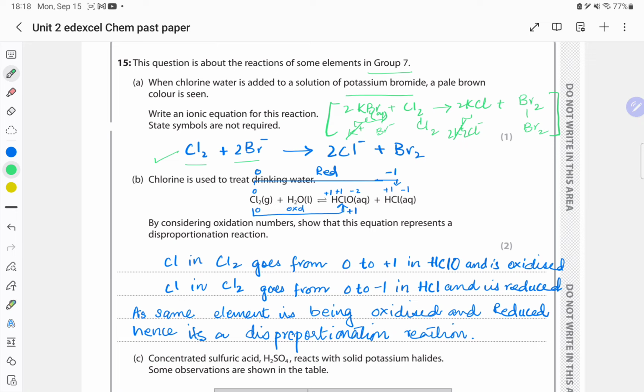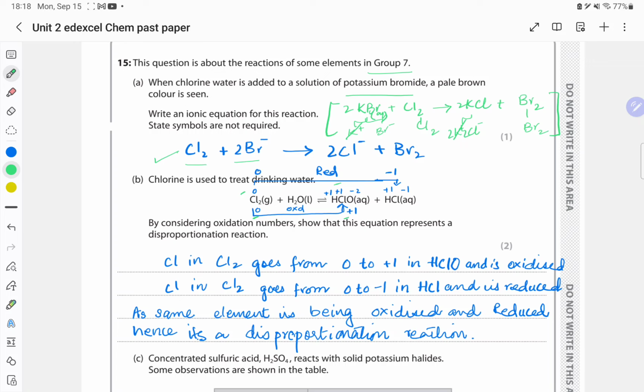So always remember, a disproportionation reaction is the one in which the same species is undergoing oxidation and reduction. So if you look at Cl2 over here, it's 0 here, and then if you see in HClO, the oxidation number is +1. So when it is going from 0 to +1, it is going to be oxidized.